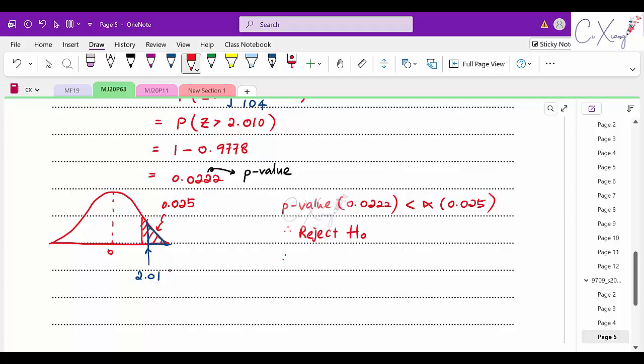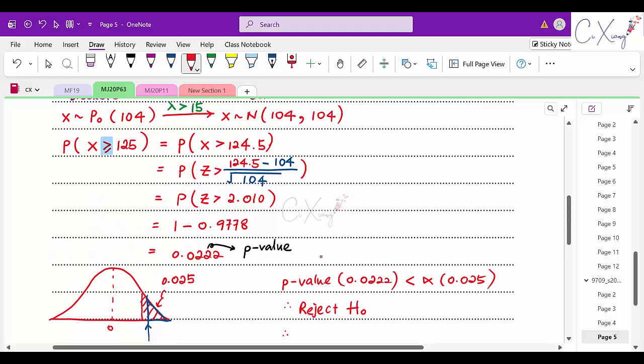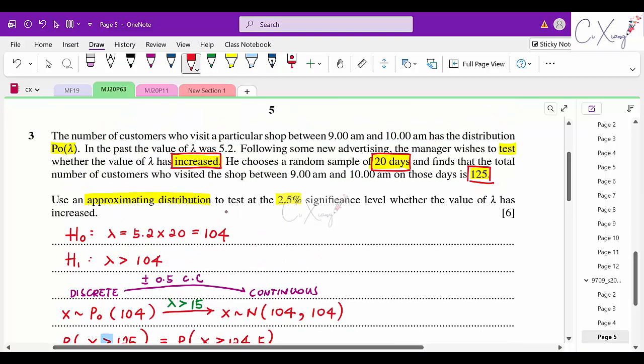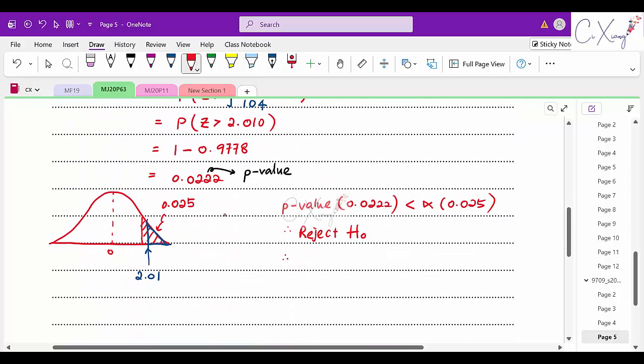And after that, please make a statement in the context of the question, your conclusion in the context of the question. If you reject the null hypothesis, it means what? It means that the lambda basically has increased, right? The value of lambda has increased.